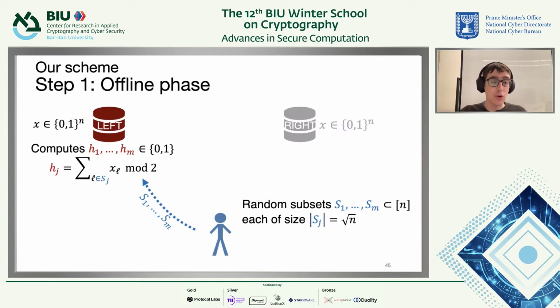The left server computes the hint bit by bit, where the jth hint bit is the parity of the database bits indexed by the jth set. So overall, there were m sets, now there are m hint bits, and the server sends those m hint bits back to the client. The client stores as its hint those m sets, the description of the sets, and the m hint bits, which are parities of database records.